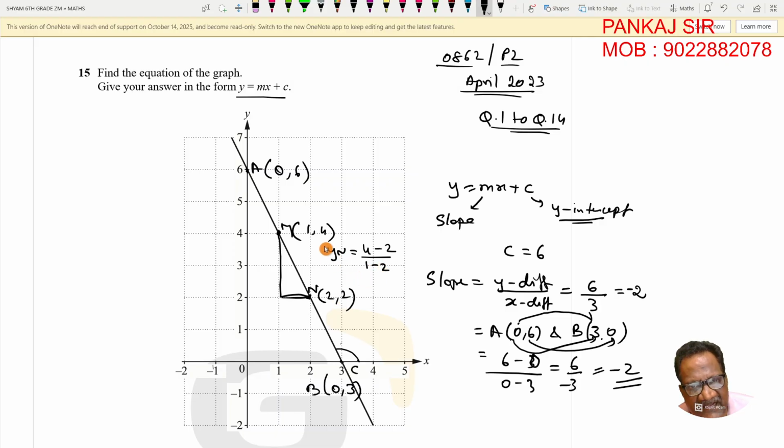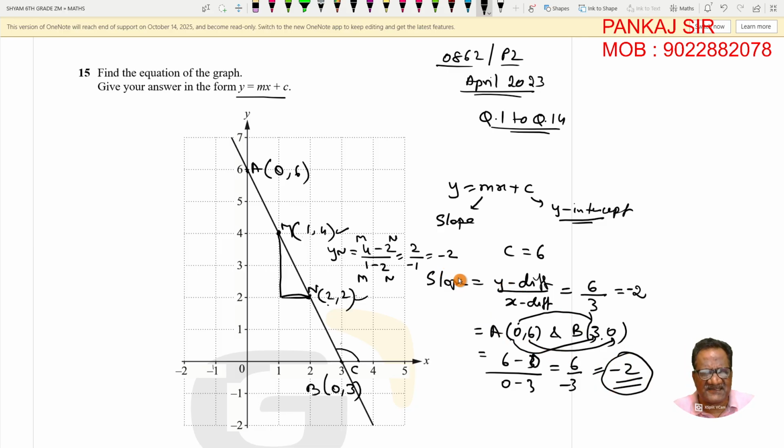For the y difference you started from M and subtracted the y coordinate of N, so for the x difference you should do the same: the x coordinate of M minus the x coordinate of N, which is 1 minus 2, which is minus 1. 4 minus 2 is 2, and 2 upon minus 1 is minus 2. The same slope.